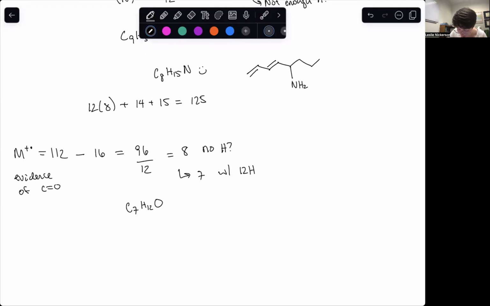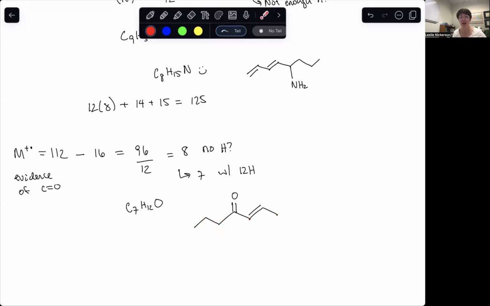So I've got 1, 2, 3, 4, 5, 6, 7. Put a ketone in there just for fun. So 3, 6, 8, 10. Need to put one more pi bond in there. Okay, and then we've got 3, 6, 7, 8, 10, 12.